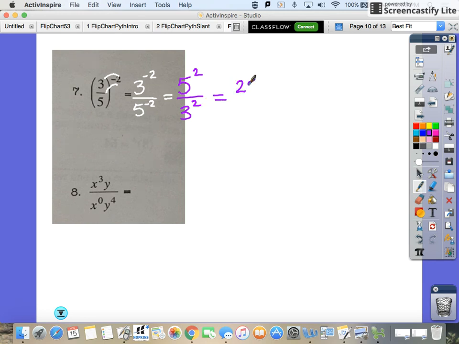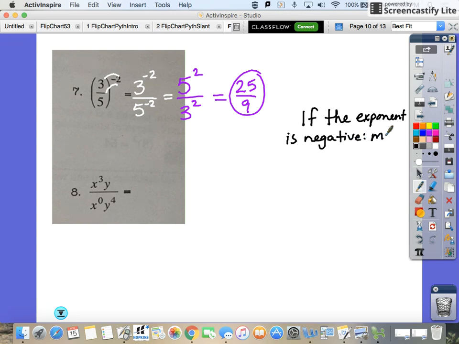So we would get 25 over 9. Again, this moves because the power was negative. Pretty simple. If the exponent is negative, move it and make it positive.